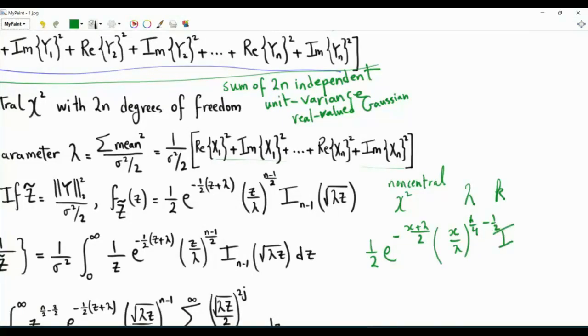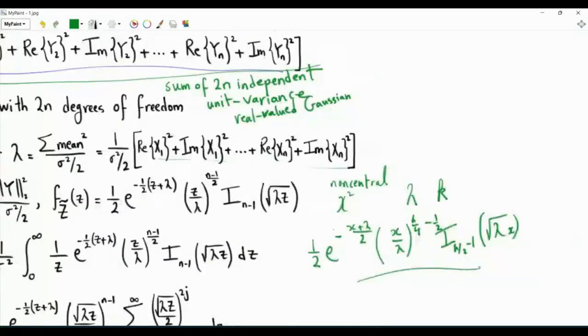Okay, so we have here I of k over 2 minus 1. That's the modified Bessel function of the first kind. And then the argument of this modified Bessel function of the first kind is square root of lambda x. Okay, so if we have our non-central chi-squared random variable with non-centrality parameter lambda and number of degrees of freedom k, then this is the PDF.